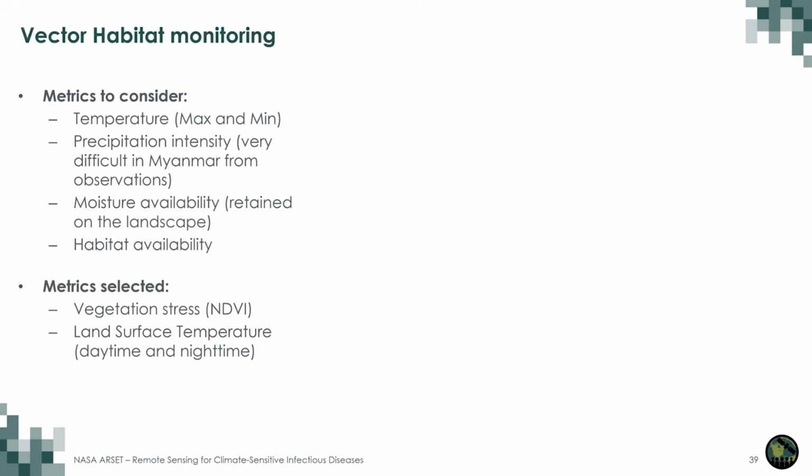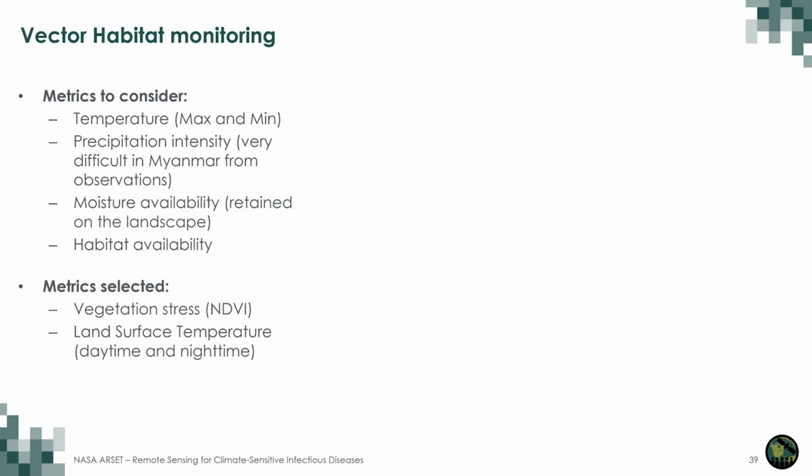If you look in the literature and previous experience, you will notice that the MODIS instrument on the Terra and Aqua satellites has been used extensively in Earth observations of infectious disease. Unfortunately, MODIS has been in orbit since 1999, which means it's coming to the end of its life. And very soon, both Terra and Aqua satellites will be decommissioned, and MODIS observation will no longer be available into the future.